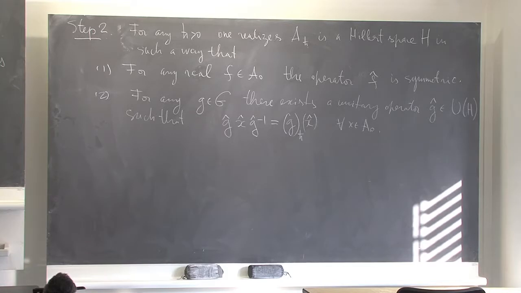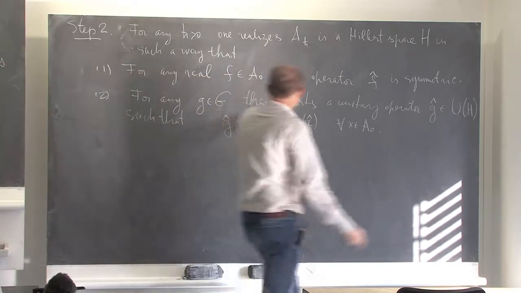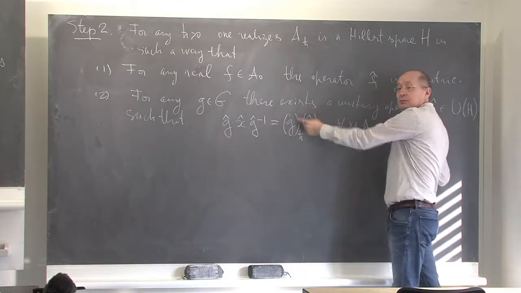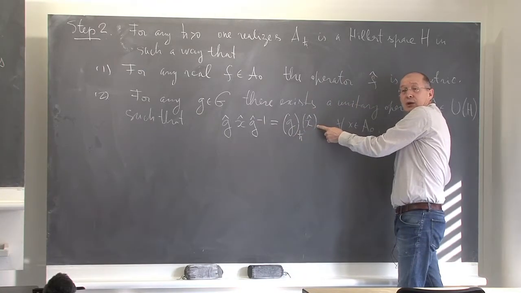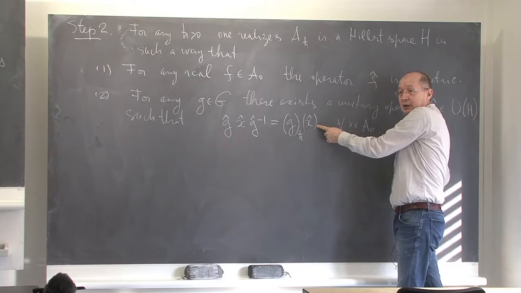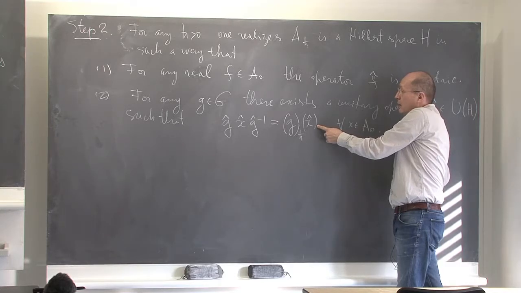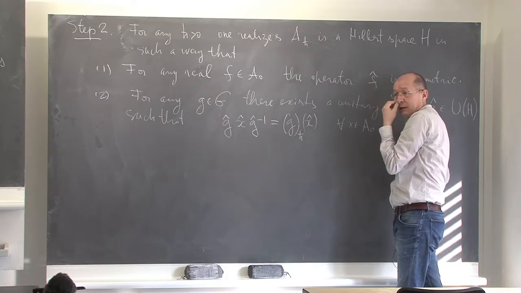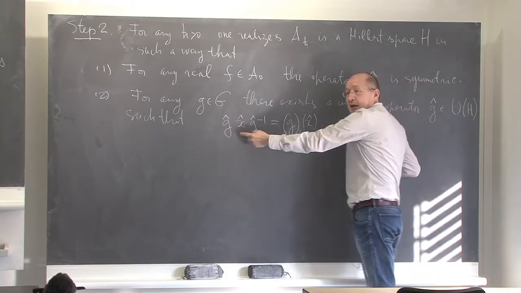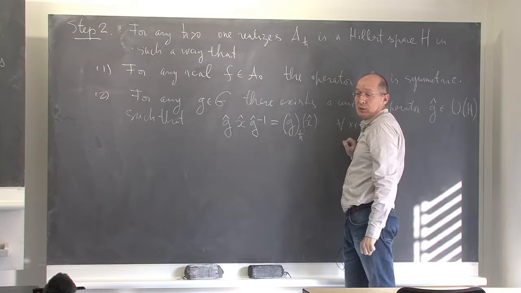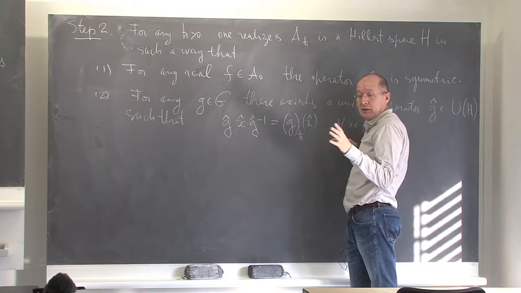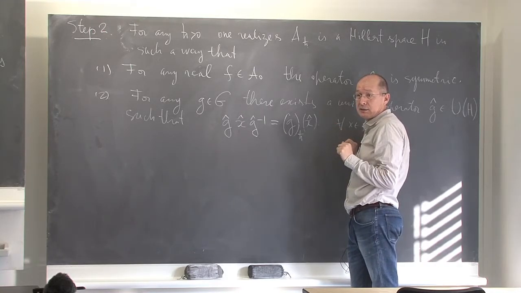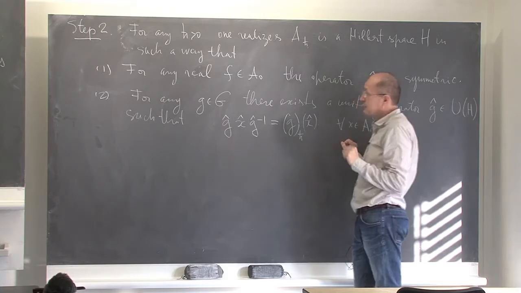So saying differently, this condition tells us that any automorphism of our algebra, which comes from the subgroup of symplectomorphisms, is an inner automorphism of the quantized algebra when they are realized as operators in the Hilbert space.